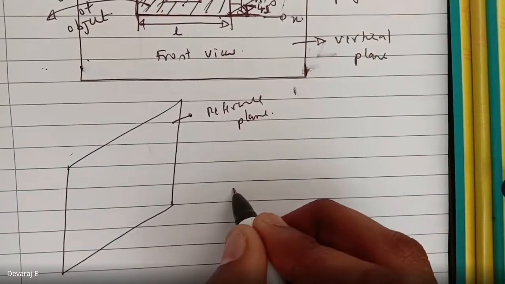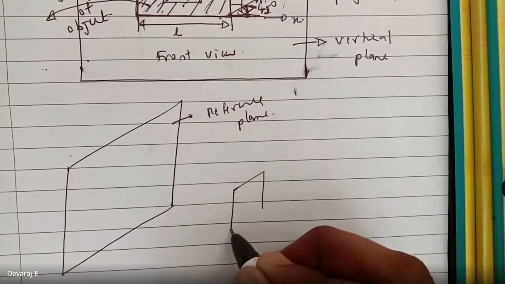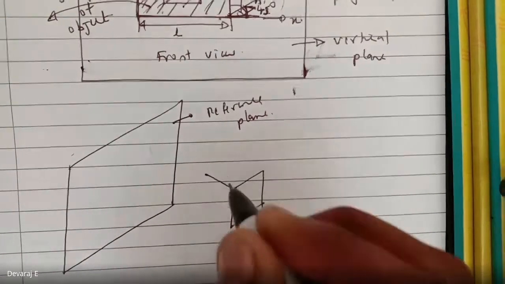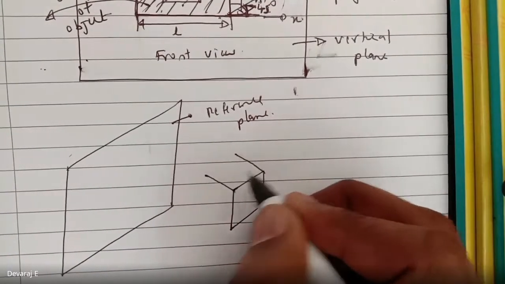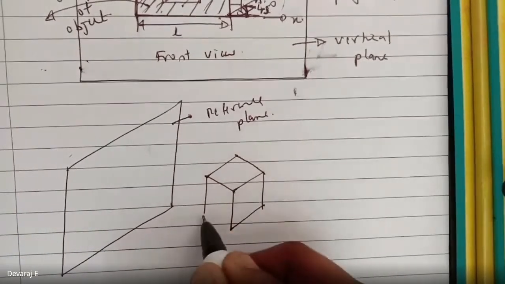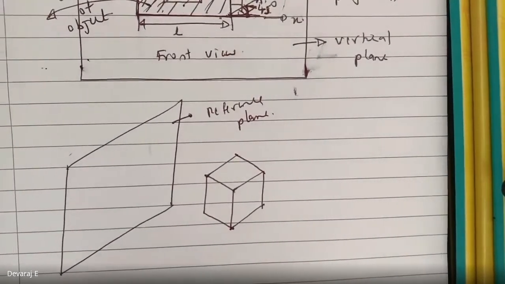You take an object like this. It's very difficult to draw in a 3D view, so try to understand. Anyway, I will share the PPT and show you.